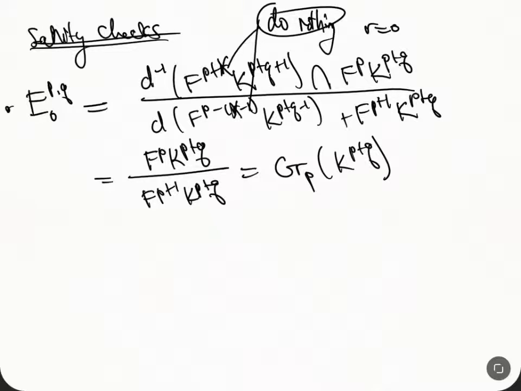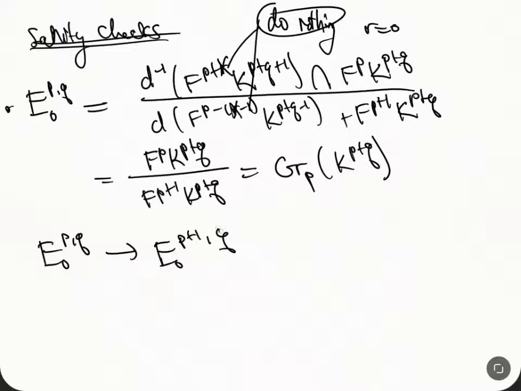And then the map, again, we said that the map here goes from E0 P Q to E0 P plus 1 Q. Let's see if this is the right thing.